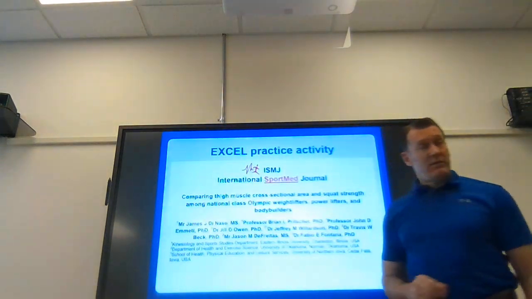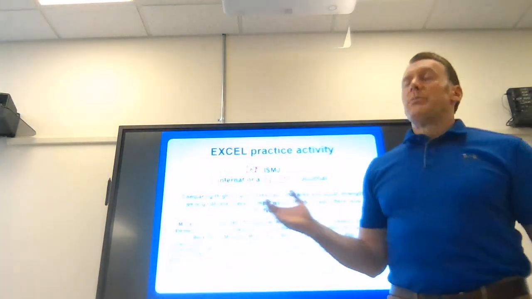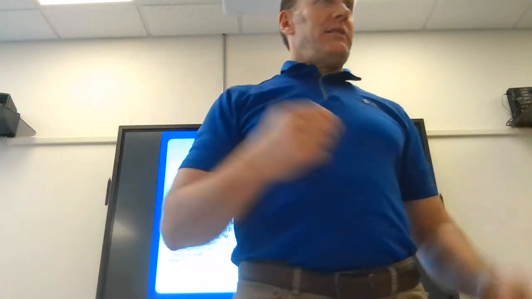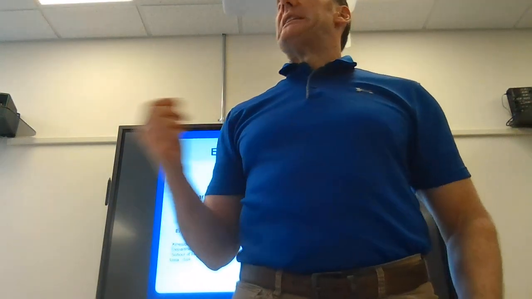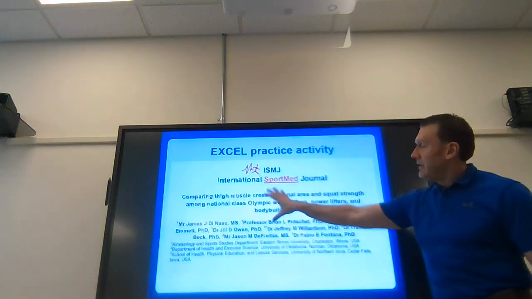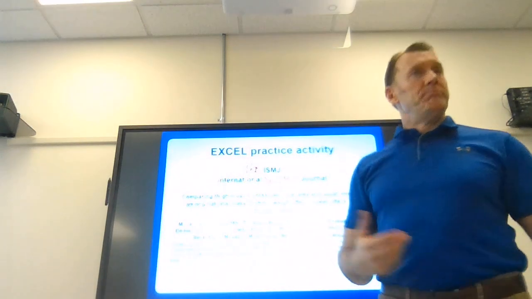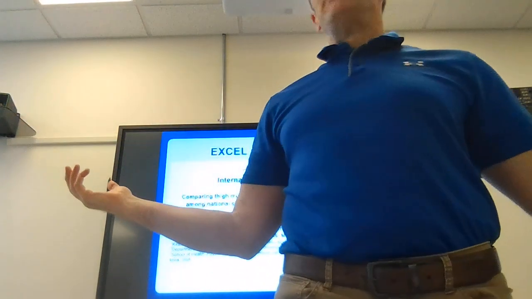These are people that have been training for decades at their given discipline. Are there similarities between how these different lifting disciplines train? Yeah, there's similarities. Do they all squat? Yeah.